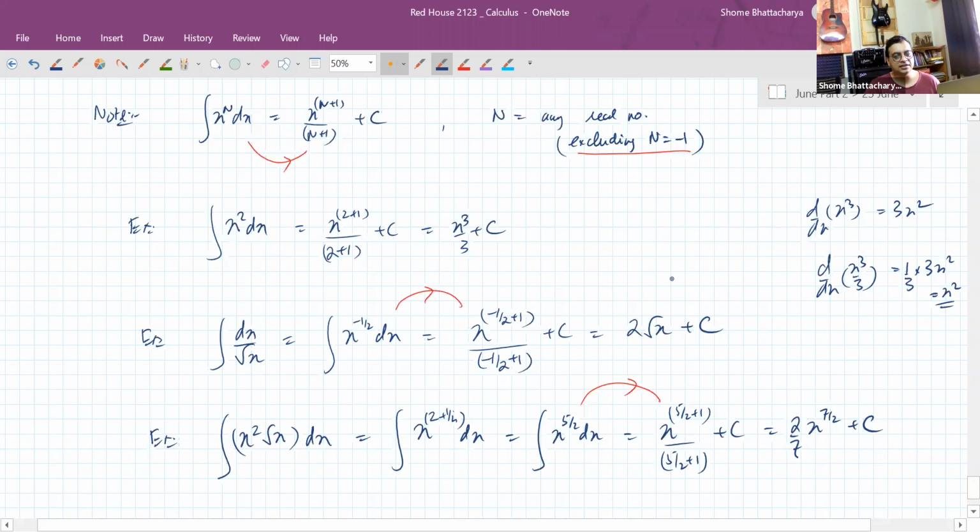So you can understand that it's just the reverse process of differentiation. Differentiation of x to the power n, you multiply by a factor of n and the power is reduced by 1. Here we divide by a factor of n plus 1 and increase the power by 1. So it's like an inverse operation of differentiation.